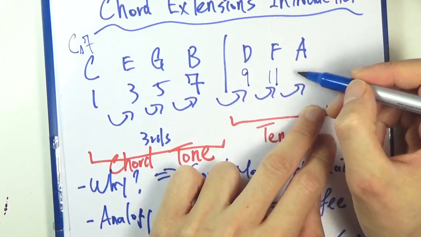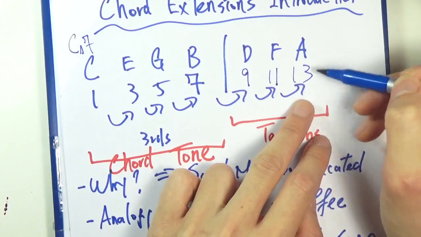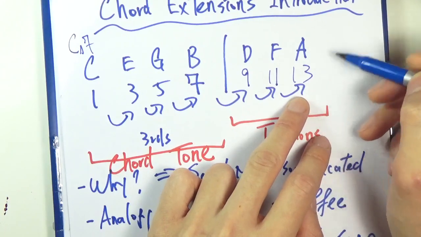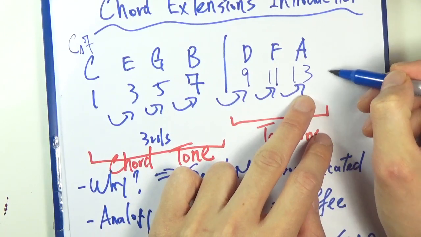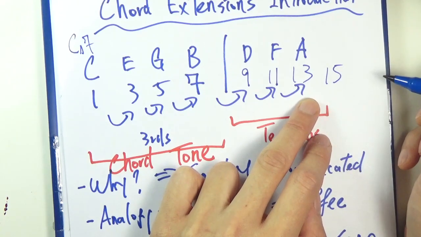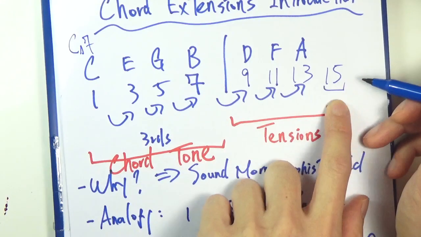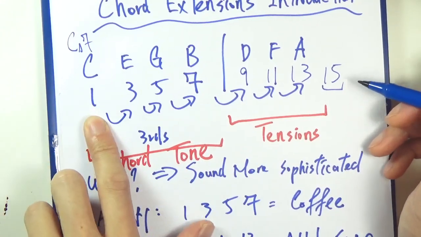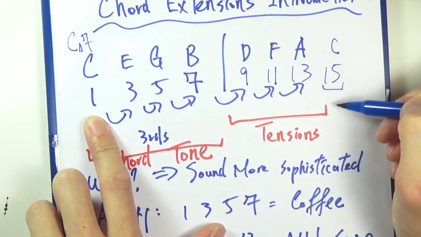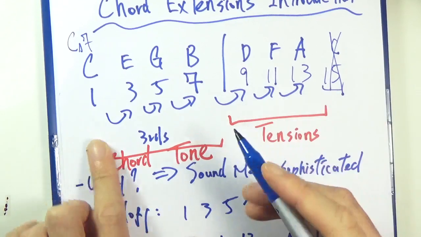Go up another third, you have 13. So usually that's the maximum number that we'll have, 13. Because if you go another third up, that would be a 15. And that's just really the root again. Okay. The root again. A, B, C. All right.